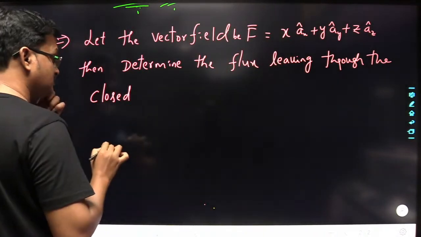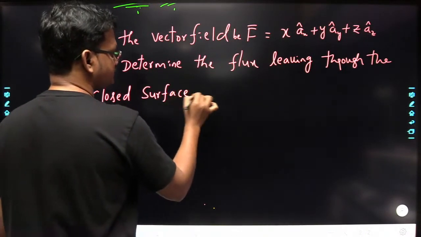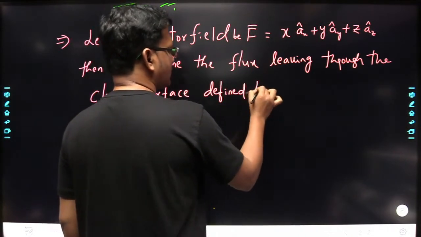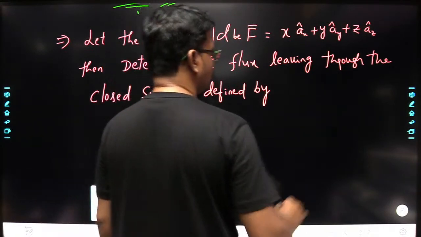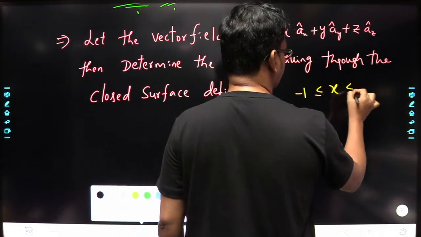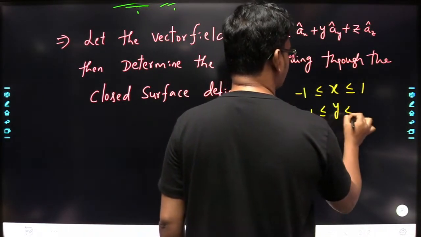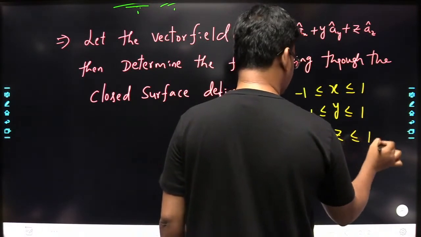Determine the flux leaving through the closed surface defined by x varying from -1 to 1 and y varying from -1 to 1 and z varying from -1 to 1.